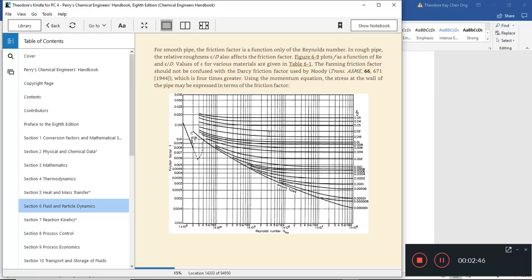Then you have a chaotic flow regime, or the turbulent flow regime, to the right, and you see these many lines down here. So the methods of calculation are slightly different, so hopefully we can go through both of them in this video, and hopefully it is a short enough video.